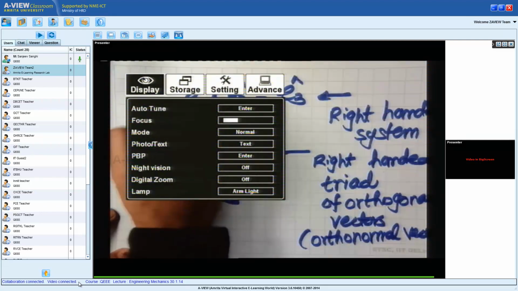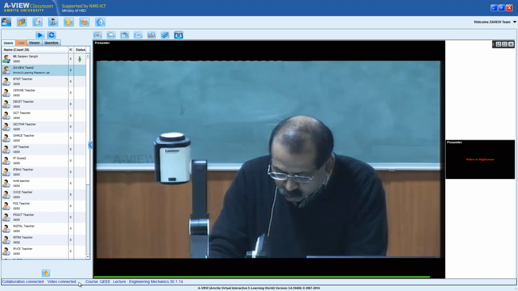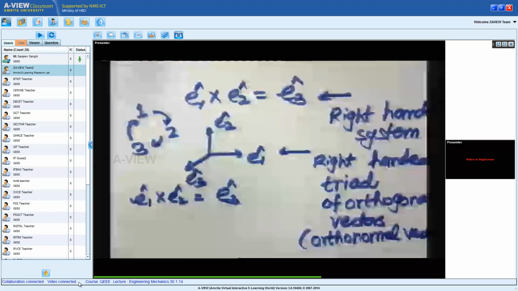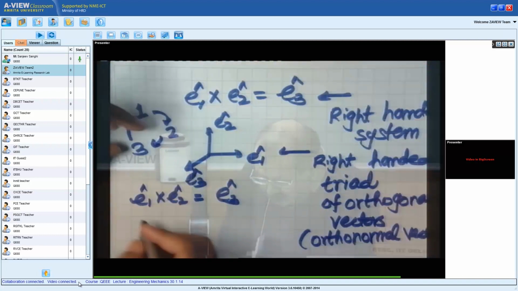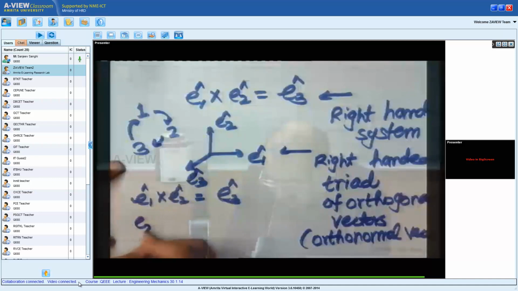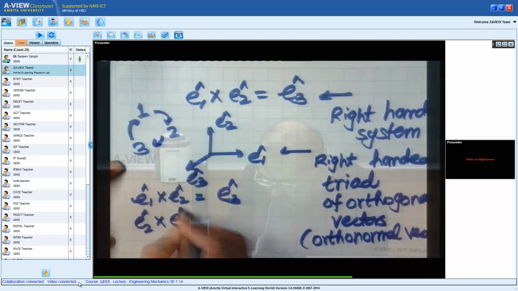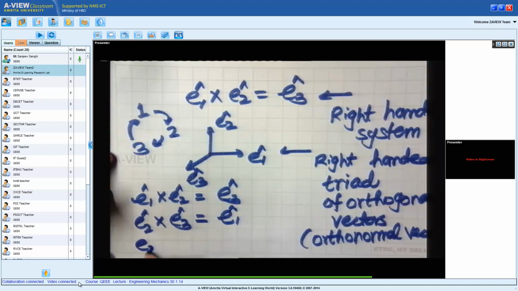So if I put them in a clockwise order, I have 1, 2, 3. And what you will realize is in this case, 1 cross 2 is equal to 3. So similarly, when I go from 2 to 3, if I follow the arrow, E2 cross E3, you can check this out, will give you E1, and E3 cross E1 will give you E2.